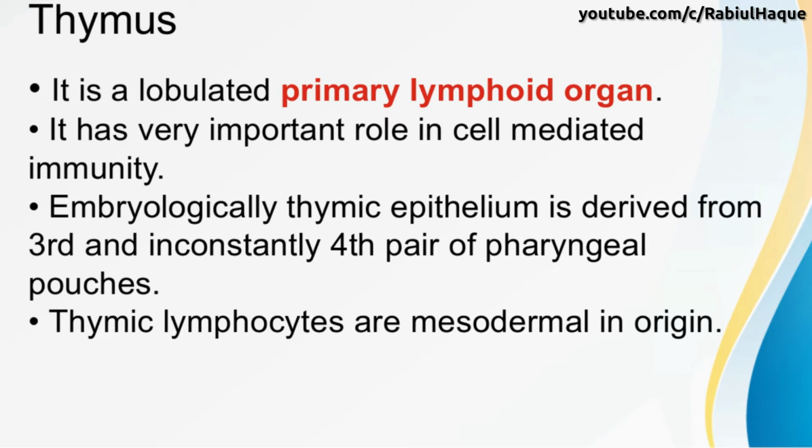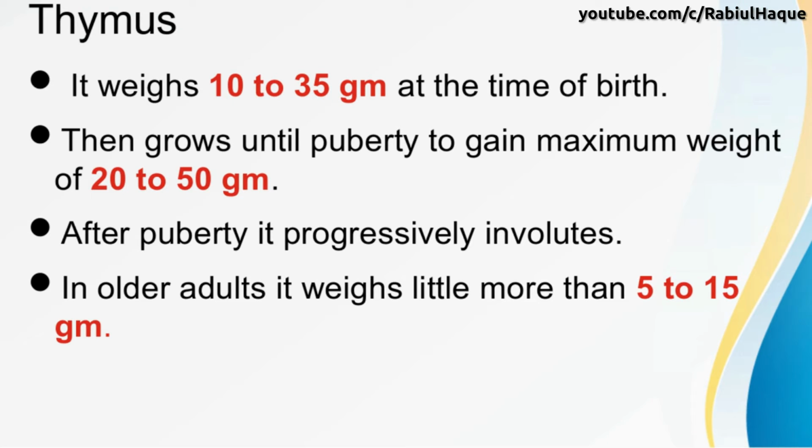Embryologically, thymic epithelium is derived from the third and inconstantly from the fourth pair of pharyngeal pouches, and these are endodermal derivatives. However, thymic lymphocytes are mesodermal in origin. So the weight of the thymus at the time of birth is from 10 to 35 grams.